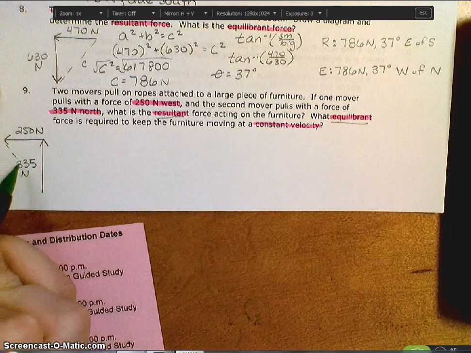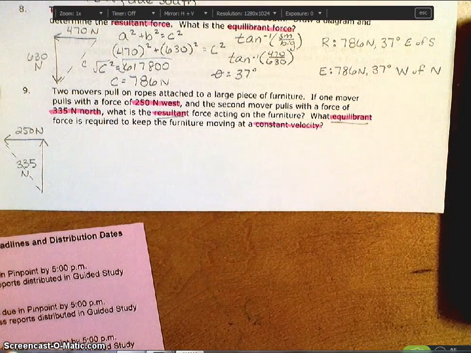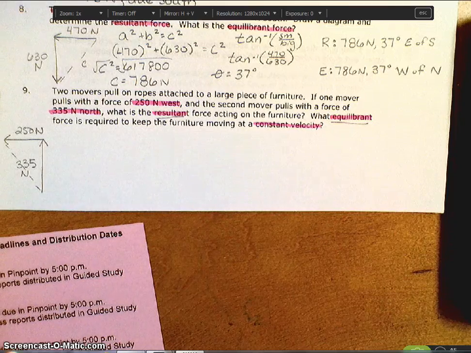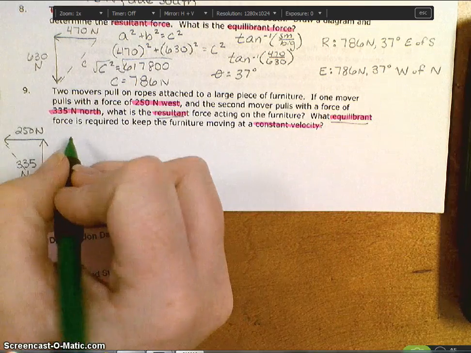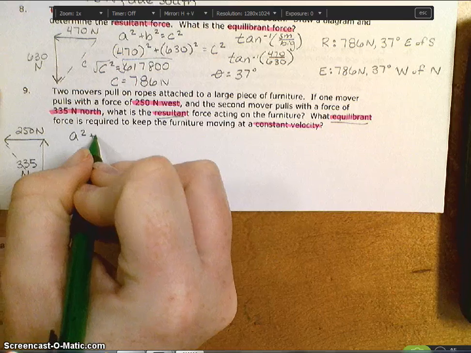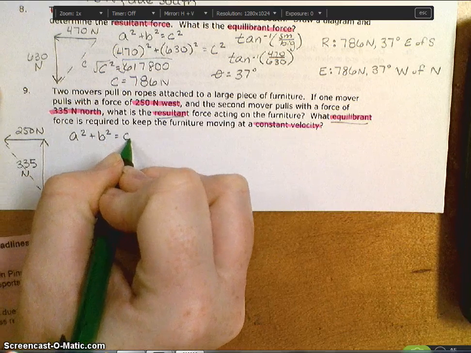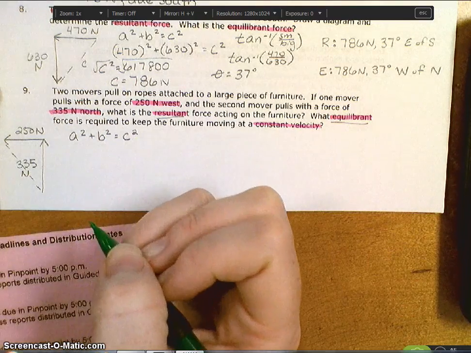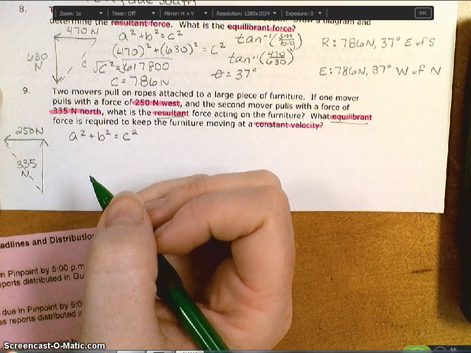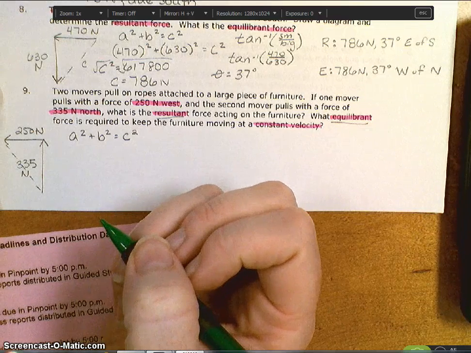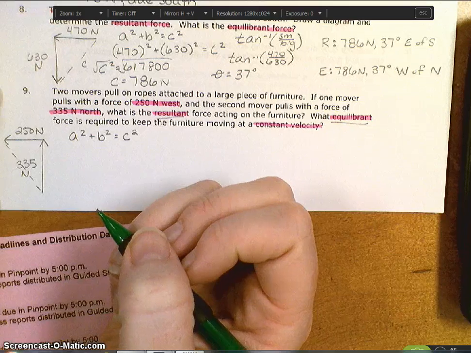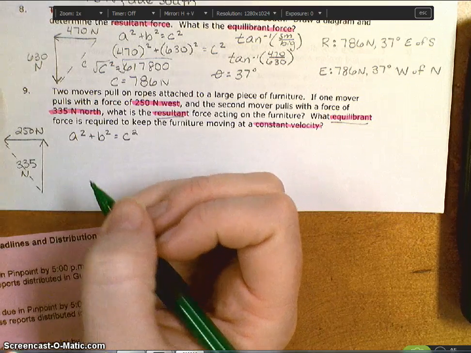So my resultant will be heading this direction. Again, I solve with the Pythagorean theorem. If you feel caught up at this point, pause it, work through your Pythagorean theorem, and check back to see that you've set it up and done it correctly.